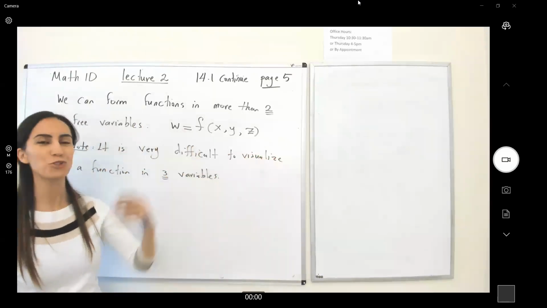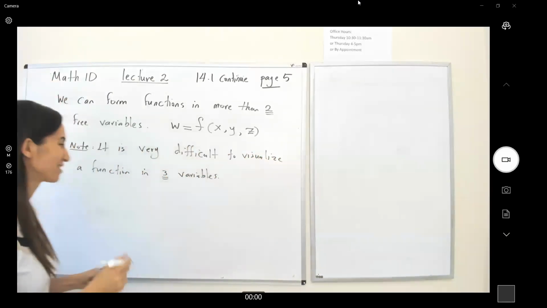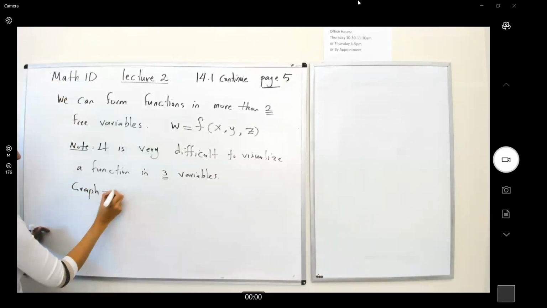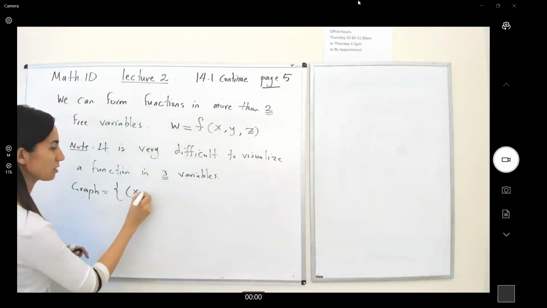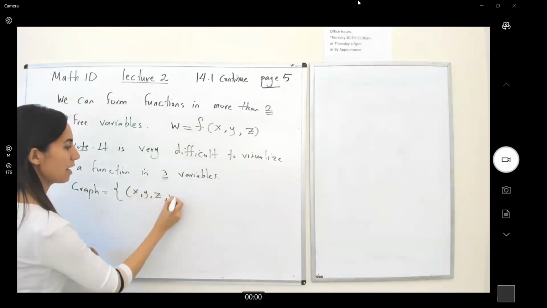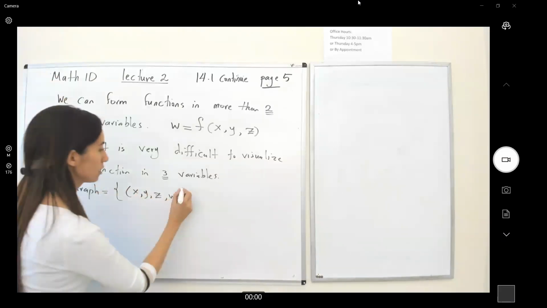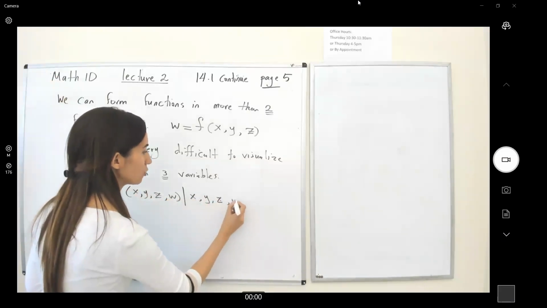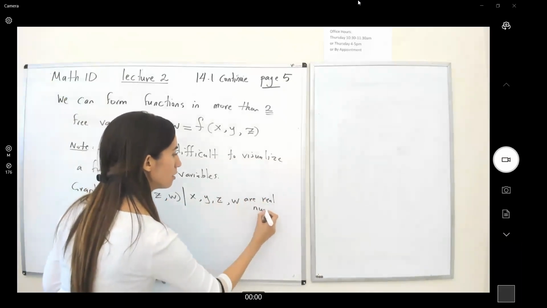Because you have to visualize the graph in 4-dimensional space. So the graph of this function is equal to the set of points x, y, z, and w, 4 coordinates, such that x, y, z, and w are real numbers.